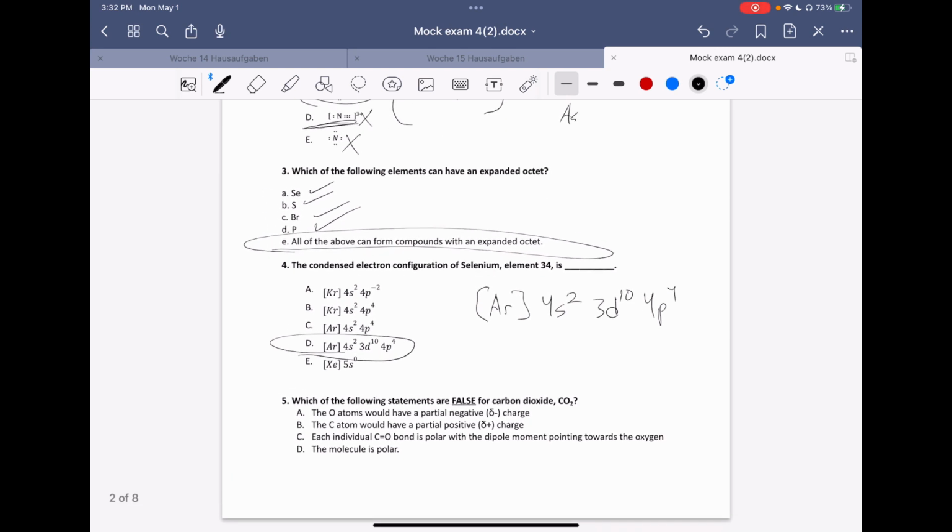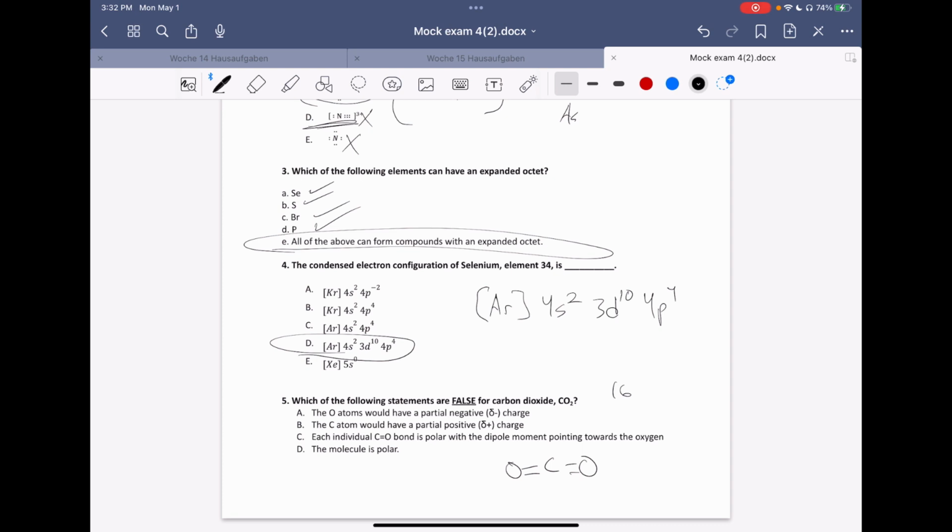Which of the following statements are false for carbon dioxide? It looks like this is going to want us to draw a Lewis structure to talk about polarity. So we should do that. We have C, O, O, and we know that there are a total of 16 valence electrons, right? 6 from each of the oxygens and then 4 from the carbon. So if we have 16 to go around, we've already used 4 here.